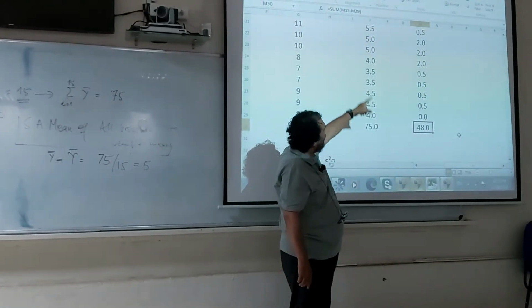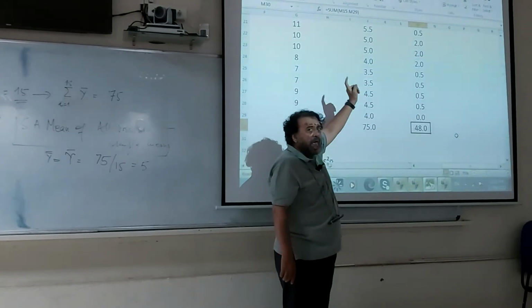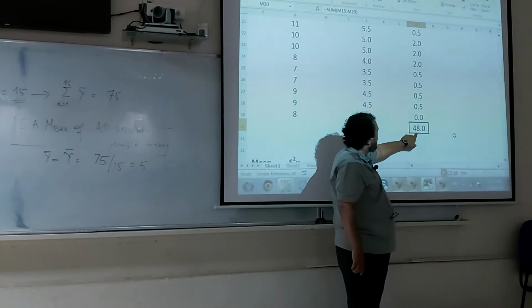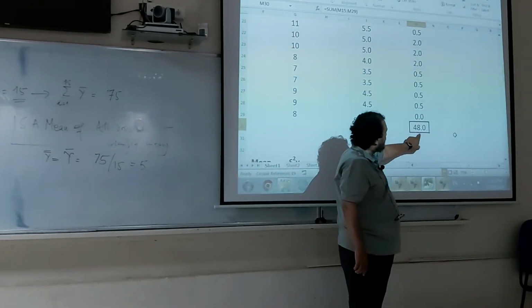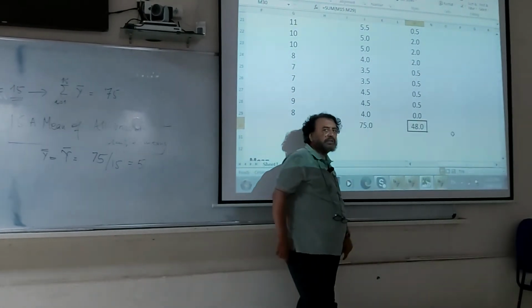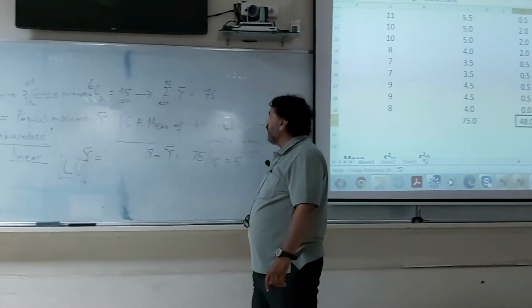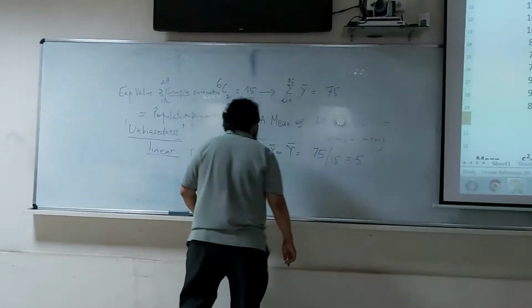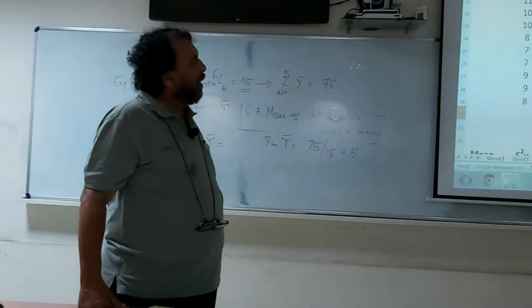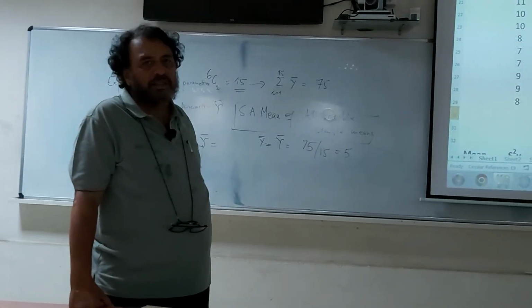Now you can again check, we have the 15 variances, and this is the sum total of all 15 variances. I divide the sum of 15 variances by 15. The answer that I get is 3.2. If I had divided by 2 instead, it would not be the same as the population variance.